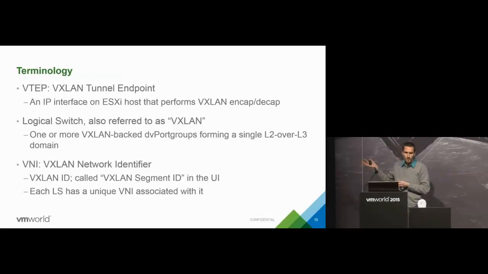Logical switch, also referred to as VXLAN. Logical switches map to distributed port groups in vCenter. If you have a transport zone which covers more than one distributed switch, there will be a distributed port group in all the switches which are members of the transport zone.